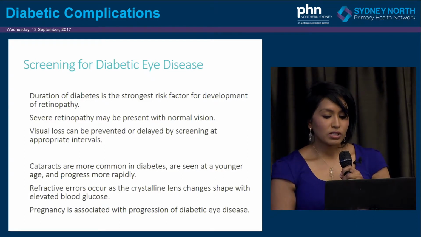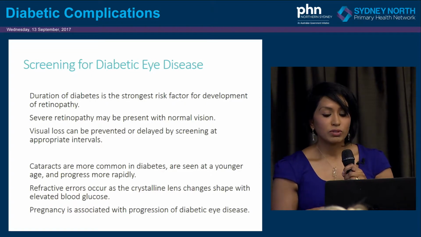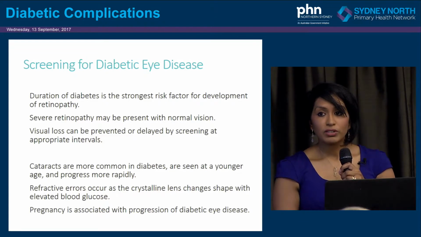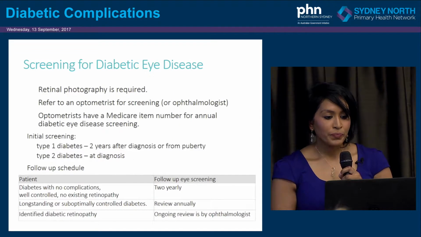And if it's relevant to a patient that has pre-existing diabetes and falls pregnant, it's important for them to be monitored for progression of diabetic eye disease, which can definitely happen in pregnancy.